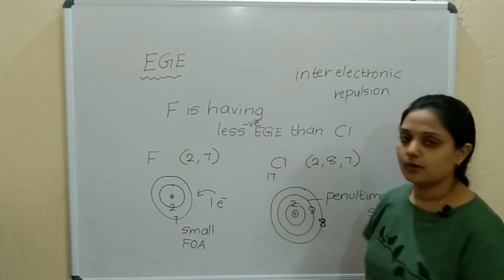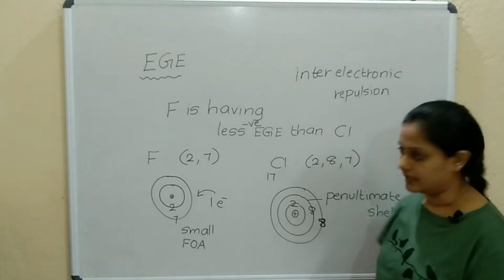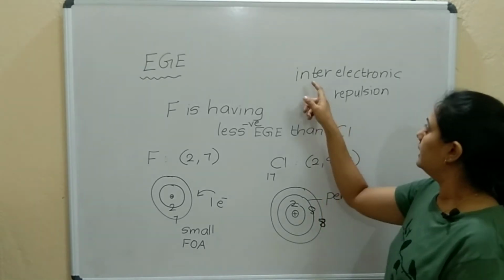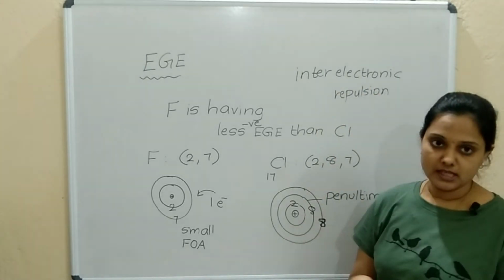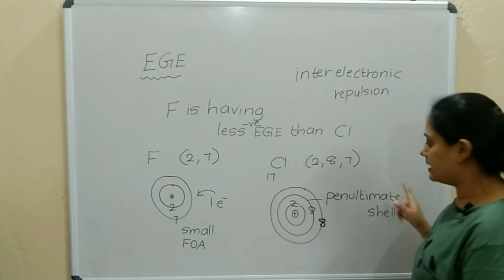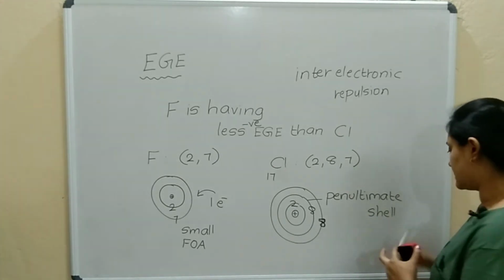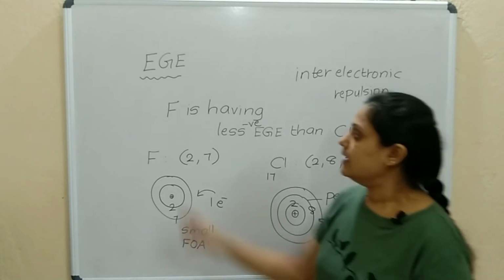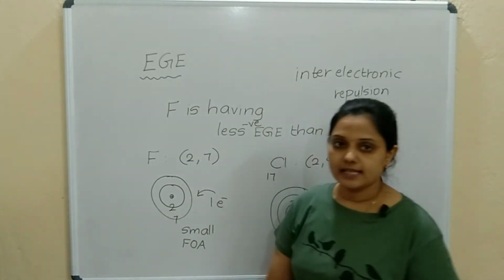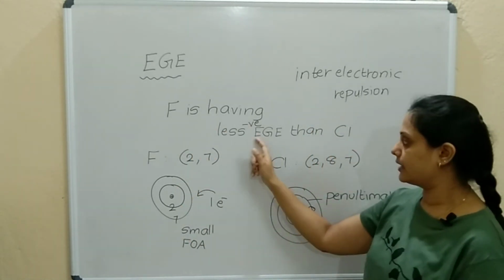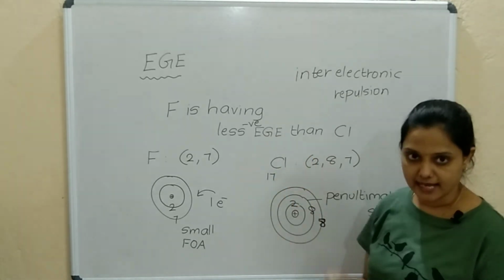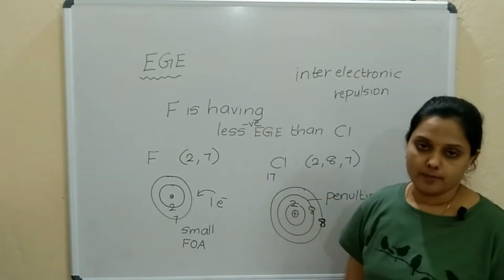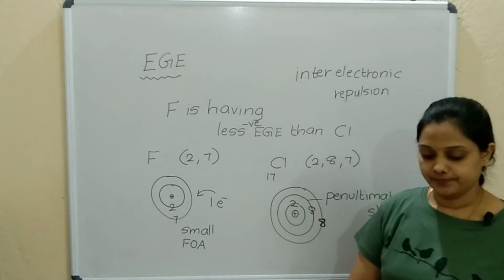But in case of chlorine, more energy is needed to add that electron because of inter-electronic repulsions by the penultimate shell electrons. Correct? So that is the reason fluorine has a less negative electron gain enthalpy value than chlorine. Hope this property is clear to you.